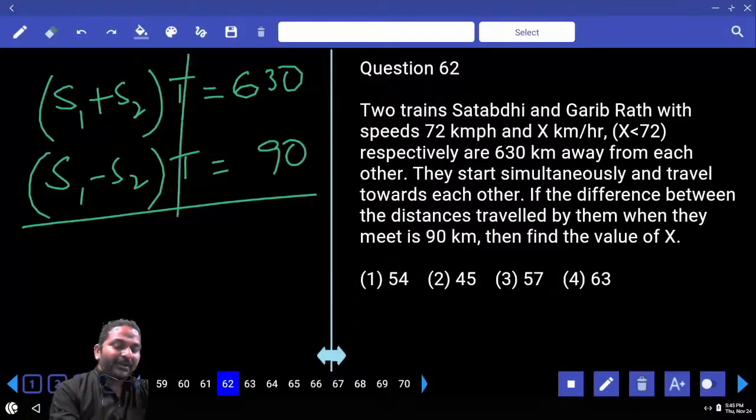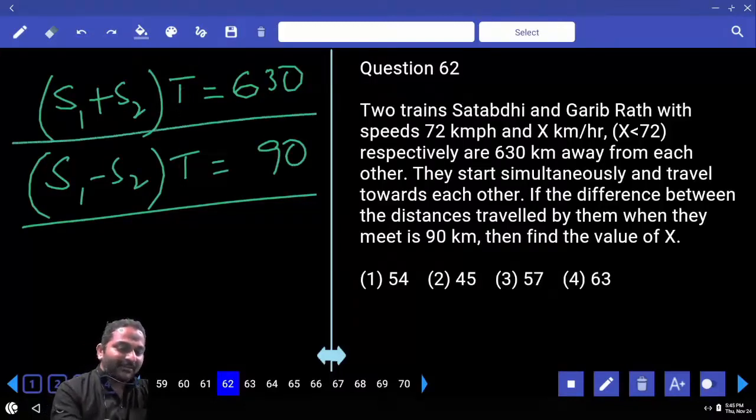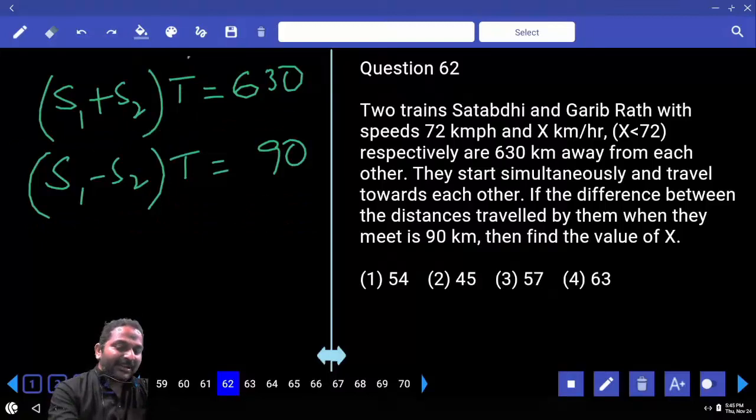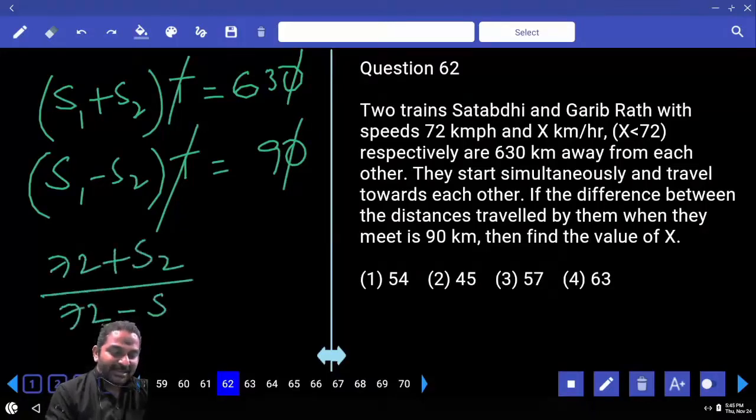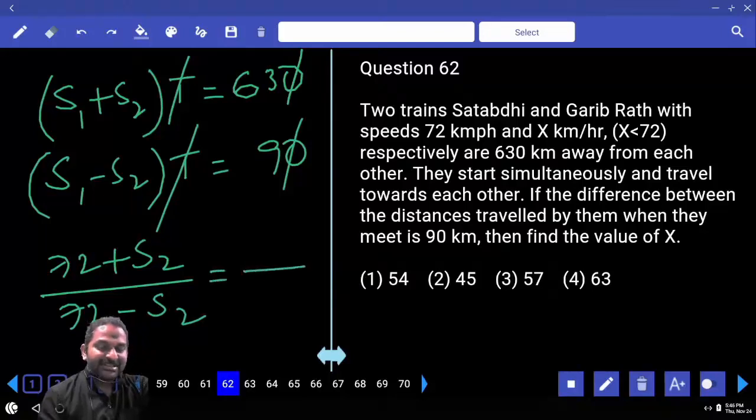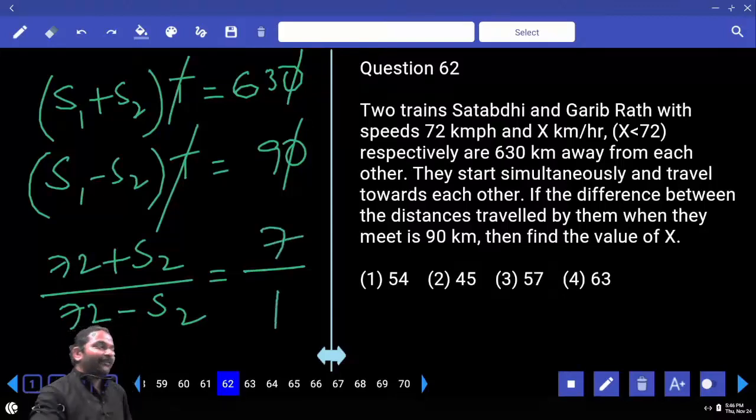Now if you go for the division symbol here, t can be cancelled, 0 can be cancelled. S1 plus S2 by S1 minus S2 is equal to 63 by 9 only. 9 how many times is 63? 7 by 1. You need to go for cross multiplication and get the value of S2. Understood?